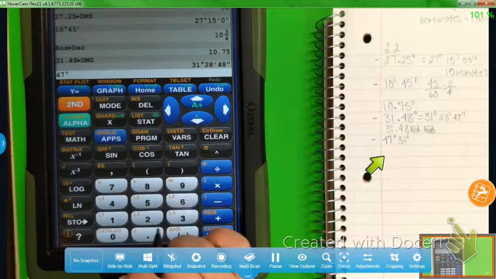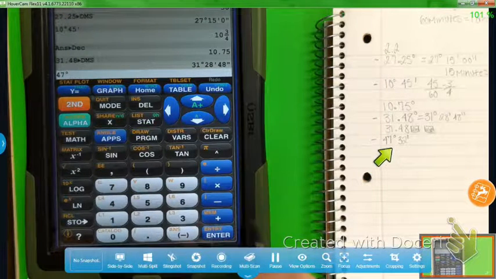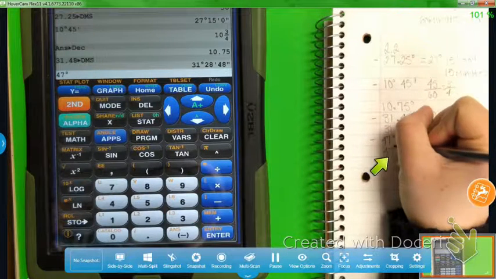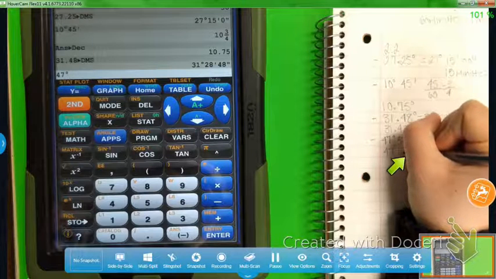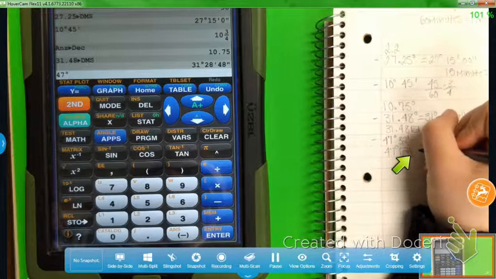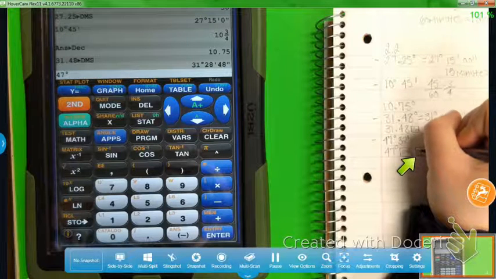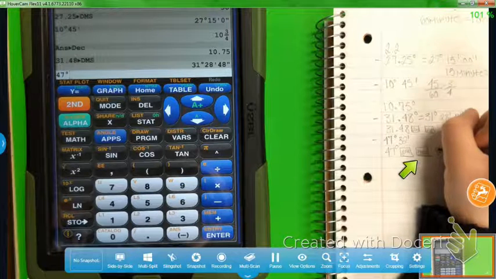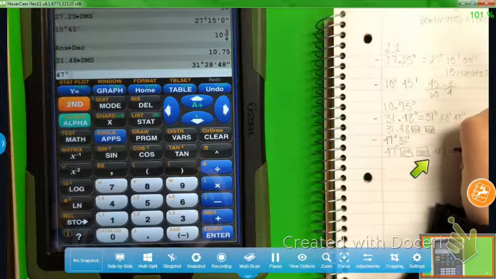So let's go back to your notes real quick before we type in more and write down what we hit. So here, type in 47, then the second key, then the angle button, and then what did we hit? Choice number 1, which was the degree symbol. So you can either put a box with the degree symbol or choice number 1, something like that, okay?